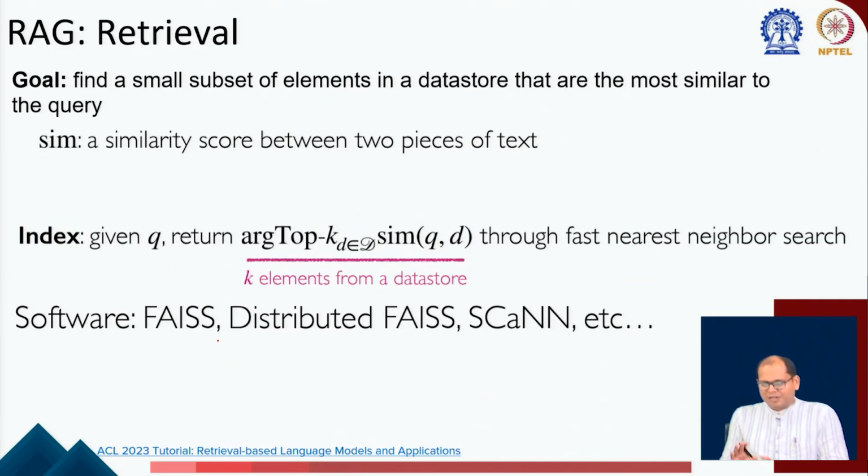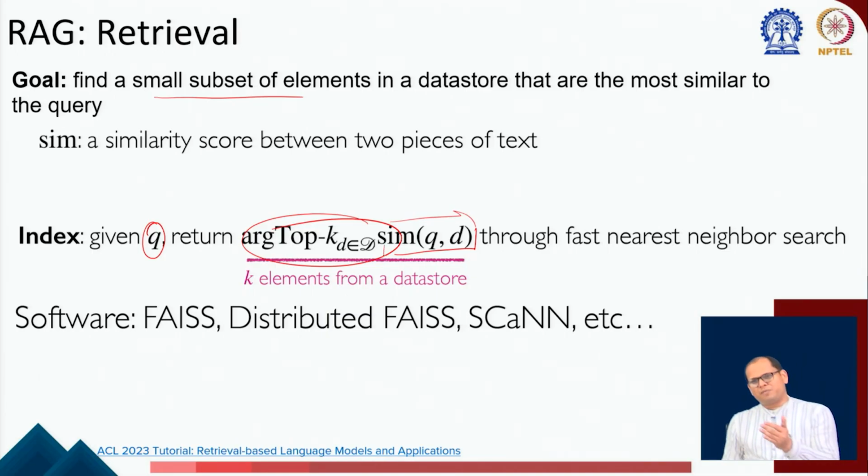What is our goal finally? I want to find a small subset of elements. Given a query for the retrieval part, I want to get the top k documents from the entire data store based on the similarity of query and document. How do we find similarity?